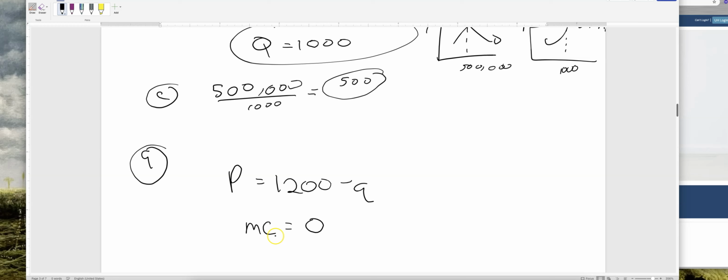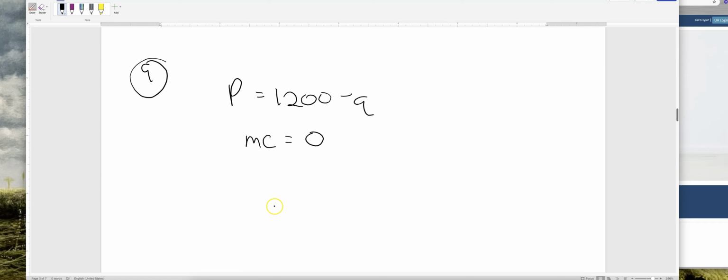And the question then is, how much will the single price monopolist produce? And then what would be the price and the output if it was perfectly competitive? So now we get a good comparison of how you solve these. So let's do A.